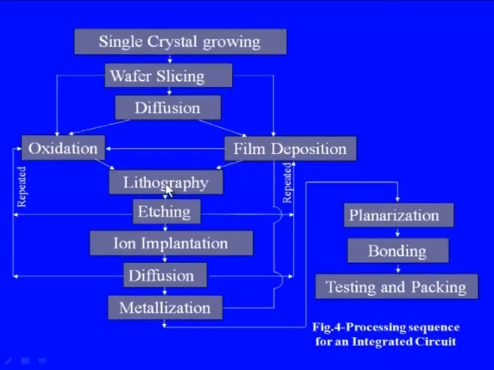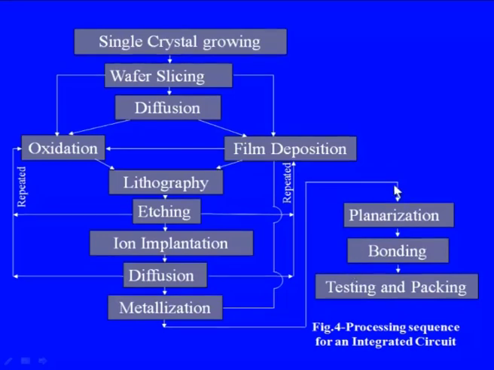Therefore, depending on the requirement, what we were talking about some time back, depending on the technology, the processes may vary. Now, it may require lithography, then etching, ion implantation, again some diffusion, then metallization, then planarization, then bonding, then testing and packing.